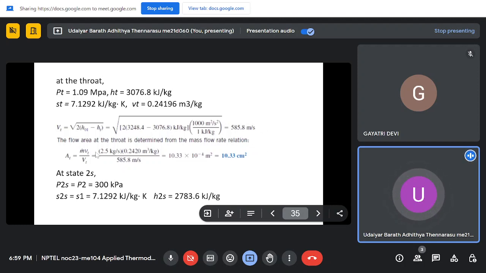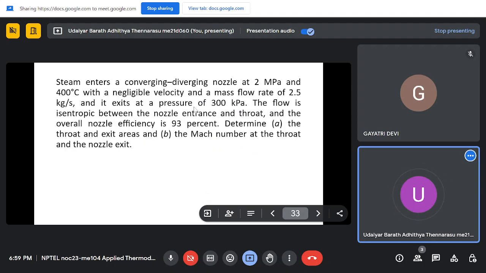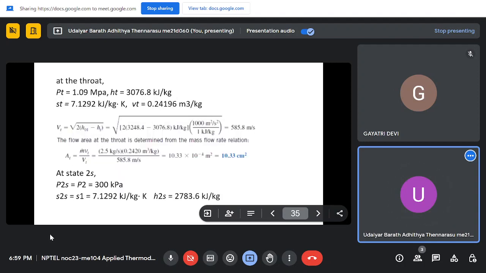Using this, we can calculate the area. We know the specific volume, and the question also gives that the mass flow rate is 2.5 kg per second. So A into V is the volume flow rate, and the area we get from the mass of the steam times the specific volume divided by the velocity.